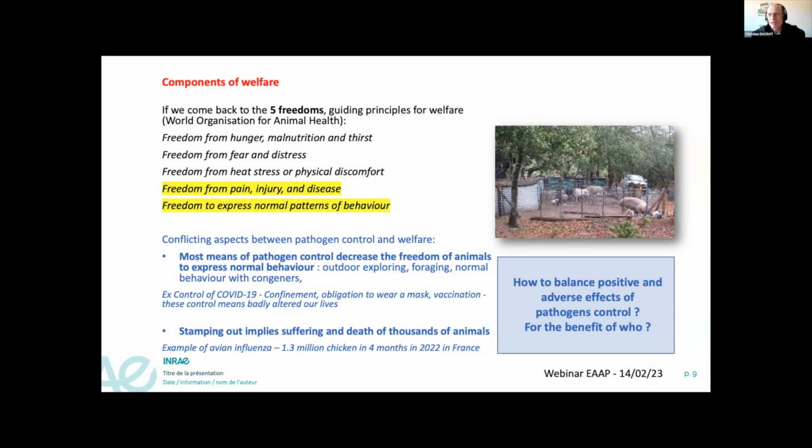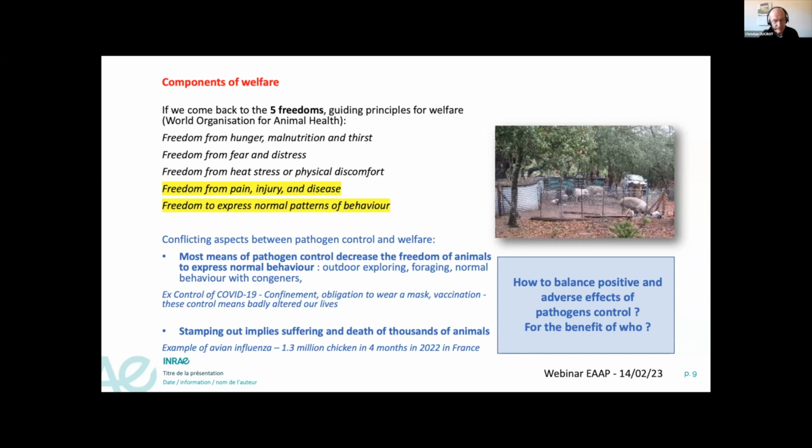A very good example, taken from humans, is COVID-19, with the confinement, the obligation to wear a mask, and vaccination. All these control measures badly altered people's lives and were badly accepted by a lot of people. So this was the first point, but the second conflicting aspect is the question of stamping out.